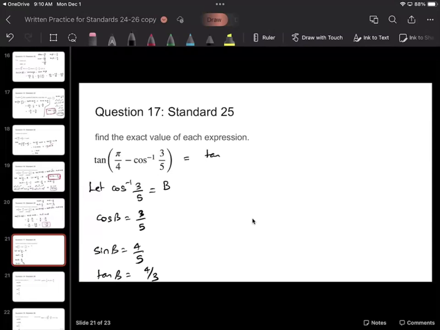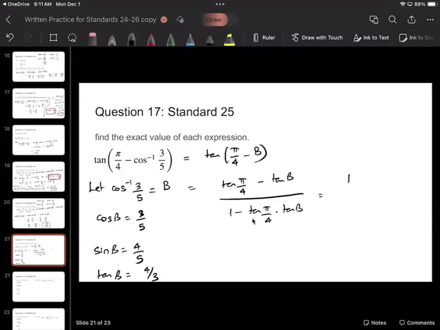So this becomes tan of pi over 4 minus B, which is tan A minus tan B over 1 minus tan A tan B. What is tan pi over 4? 1. What is tan B? 4/3. 1 minus 1 times 4/3. So combine the terms here. 1 minus 4/3 is negative 1/3.